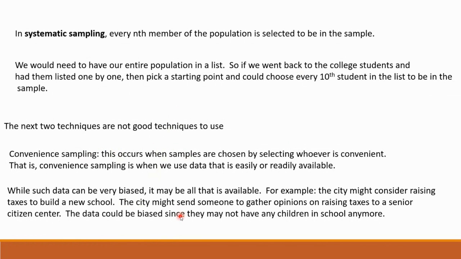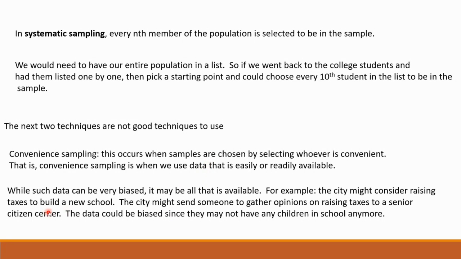I give an example here where you want to know what people think about raising taxes to build a new school. So you or the city might send someone to go to the senior citizens center, because those people might be easy to talk to. The problem is that this data, as in this example, could be very biased.